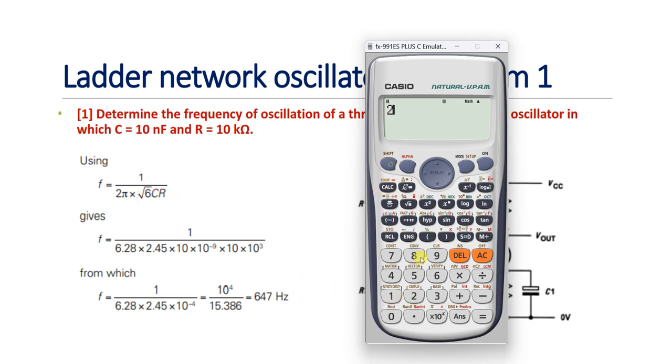So 2 into pi into R, 10k, which is 10 into 10 power 3, into C, 10 nano, which is 10 into 10 power minus 9.